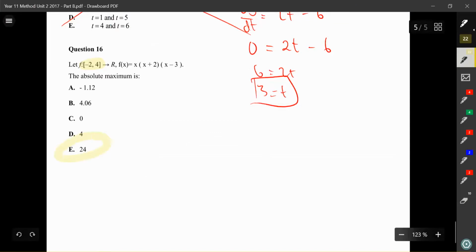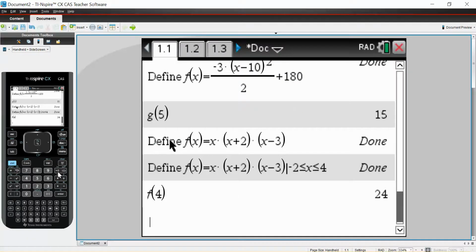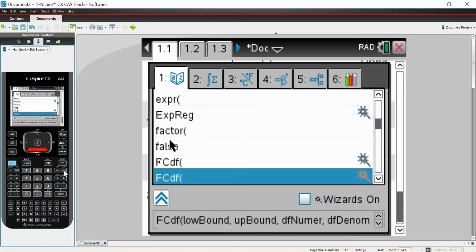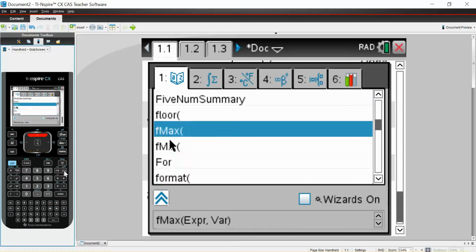E. But what I want to show you, a cool thing to do, is you can go to the catalog, press F, and if you keep going down, there is fMin and fMax. Notice here it tells you how to do it. You write the expression and you tell it the variable.